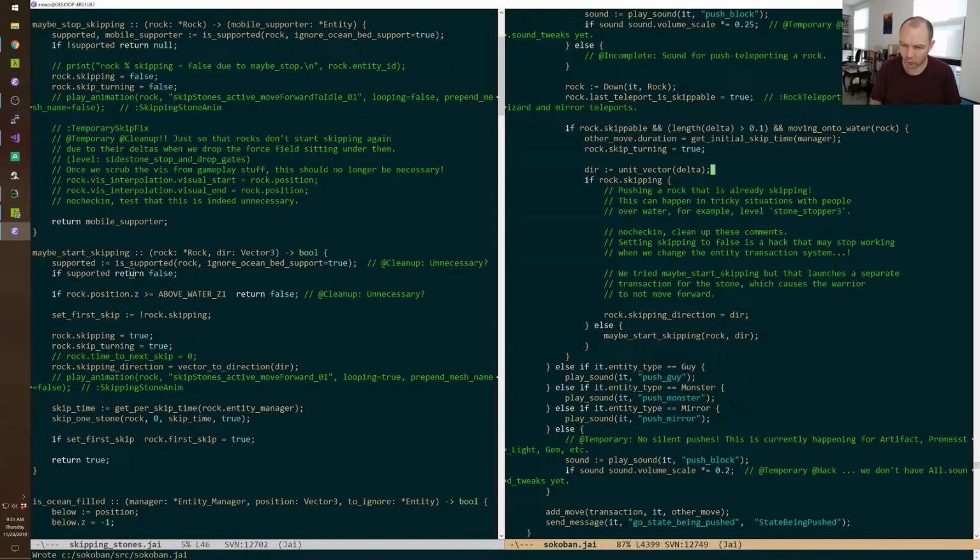Wouldn't it then change its direction to where you're pushing it towards? Yes. Yes, that is how it would behave.